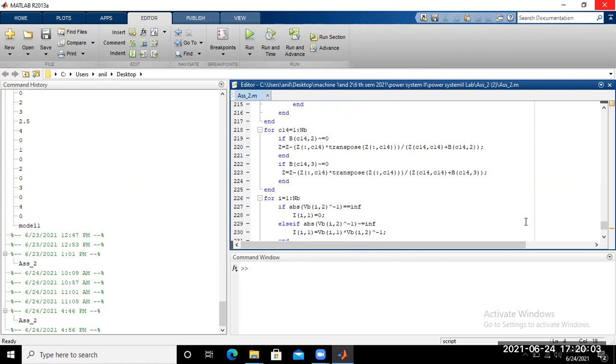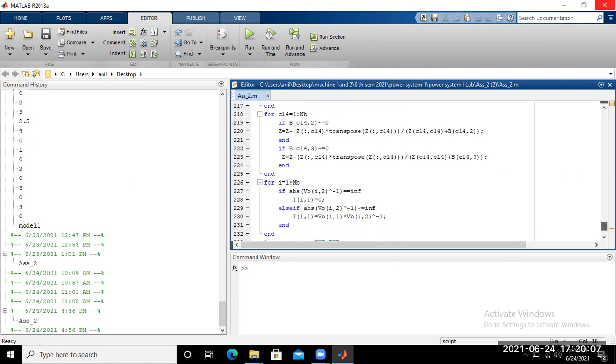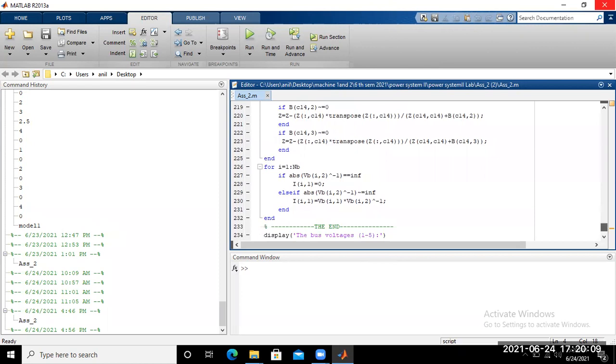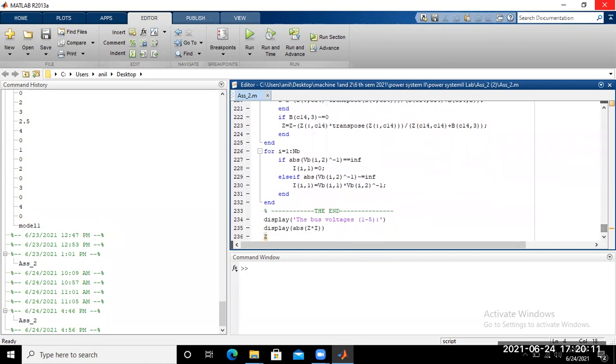Okay. So next close the loop, and next is your display the bus voltage 1 to 5 and display absolute Z into I. Okay, so voltage equal to impedance into current.